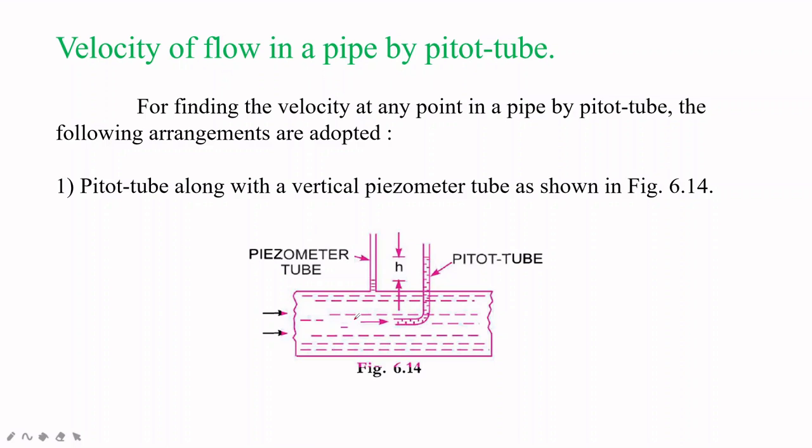This arrangement is used when the situation is like this. This is h, this is section 2 and this is section 1. So directly use the formula and you will get the values.